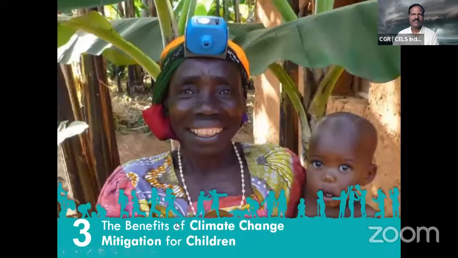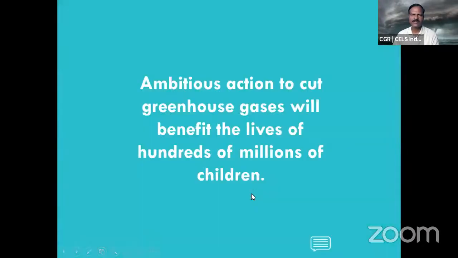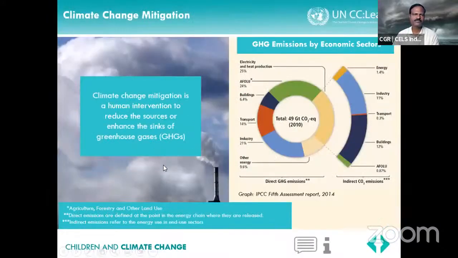Then the benefits of climate change mitigation for children. So let us see. Ambitious action to cut greenhouse gases will benefit the lives of hundreds of millions of children. Not only children, every life on this earth will be relieved from what is happening now, including adults, biodiversity, within that flora, fauna, everything.